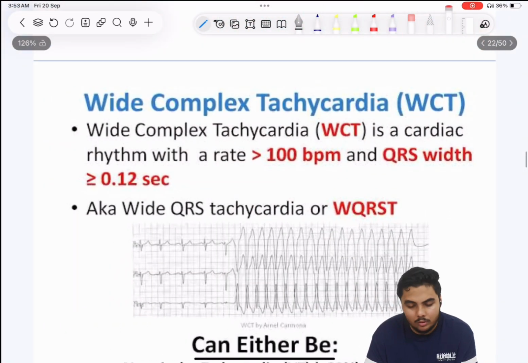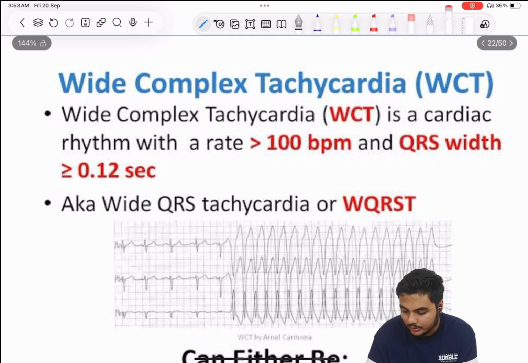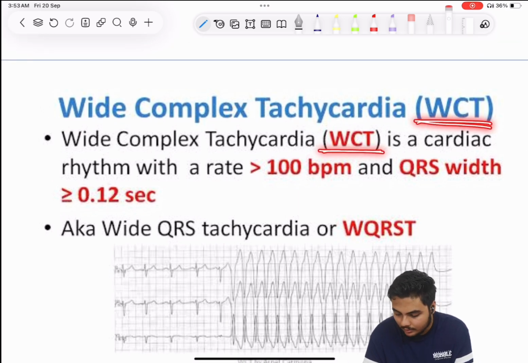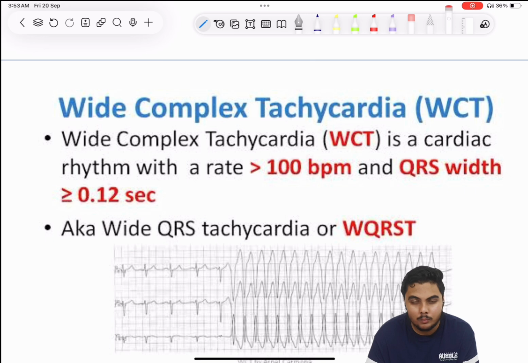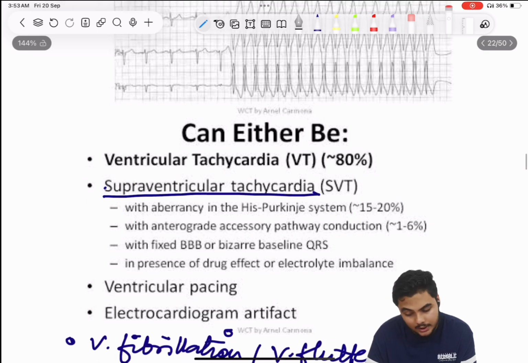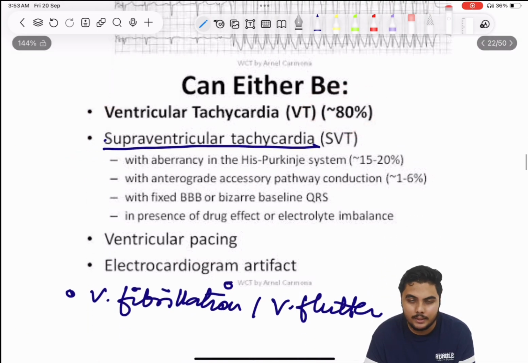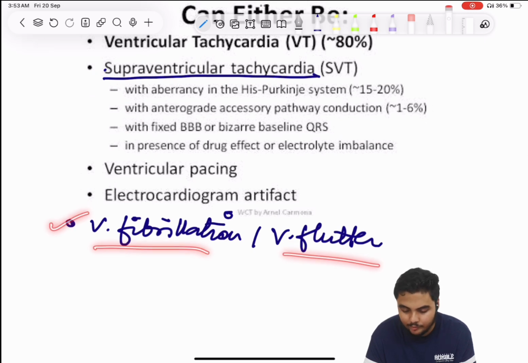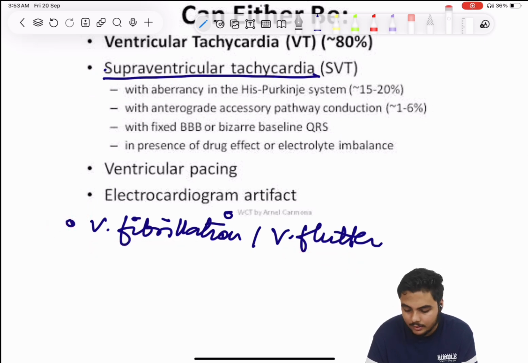Okay, so this was about narrow QRS complex. Next is about wide complex tachycardia. We call it a wide complex when we have more than 3 small boxes, right? That is more than 0.12 seconds, right? The differentials can be ventricular tachycardia, which is the most common wide QRS complex tachycardia. Other differentials can be ventricular fibrillation or flutter. We already talked about atrial fibrillation and flutter.